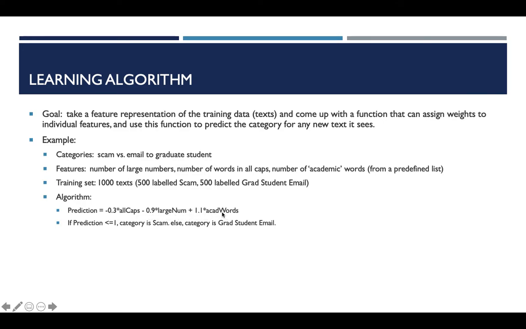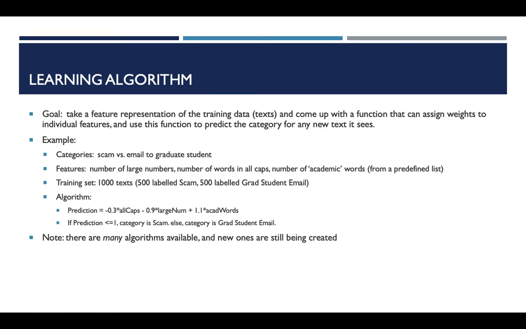And then find all the academic words and multiply that number times 1.1, something like this. Get a number, and if that number is really low, like less than or equal to 1, then it's a scam. Otherwise, it's going to be a graduate student email. So that's how we could set up our learning algorithm, just as one example. Note that there are lots of algorithms available, and they're not necessarily this simple, and that new ones are being created all the time.